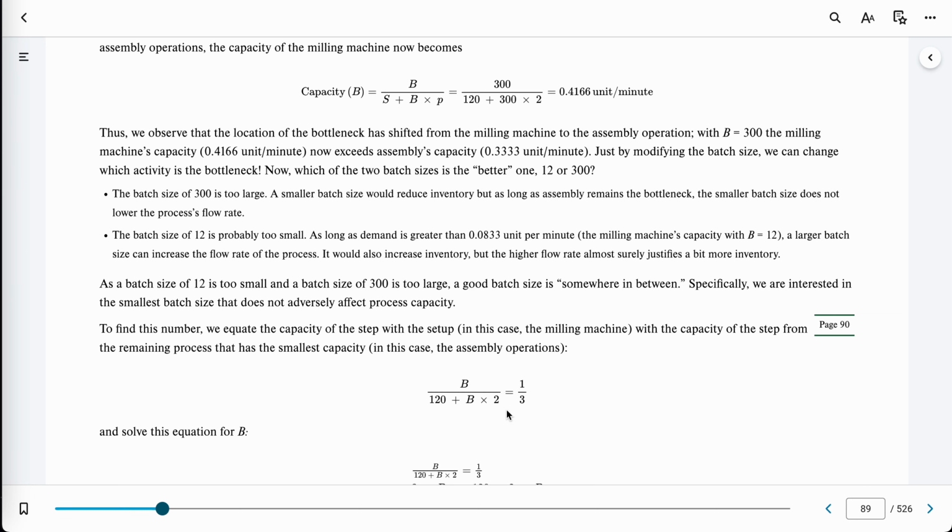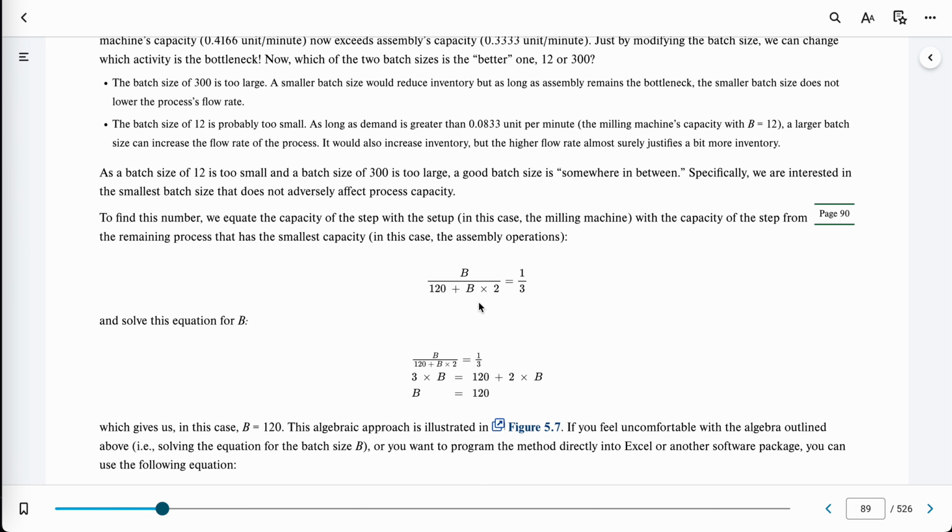So we can calculate this using this simple equation: batch size divided by 120 minutes plus batch size times 2 minutes. And we can say that the optimal batch size is 120 units, right? It's a simple cross multiply and then calculate the value of B, and we can calculate the proper batch size. This says that if you produce them in batches of 120 units, then you'll have the proper batch size.